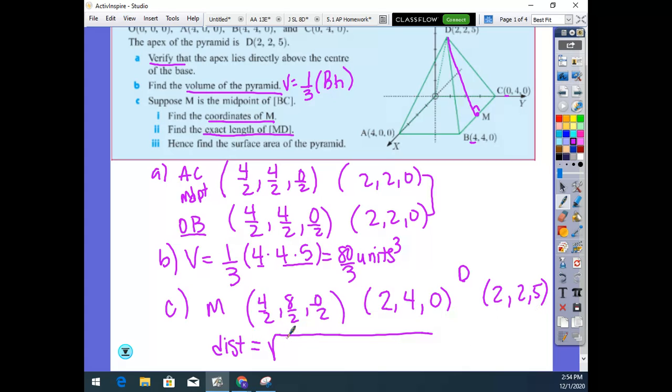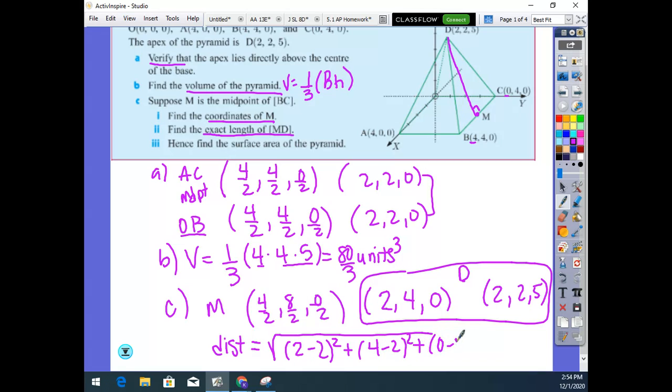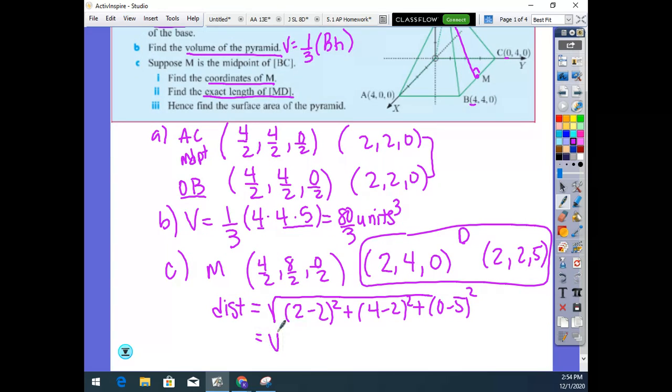So remember, I'm using these 2 points here. I'm going to subtract my x's, the distance between the x's squared, plus the distance between the y's squared, plus the distance between the z's squared. So this is a square root of 0. 2 squared is 4. 5 squared, 25. So the distance of M to D is square root of 29.